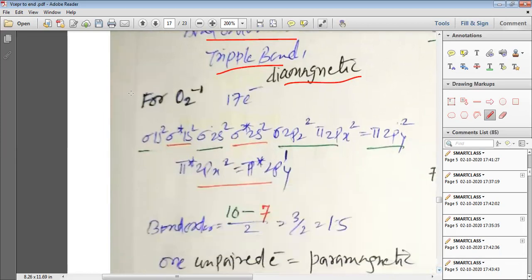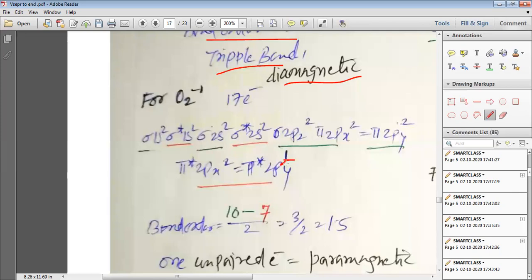In the same way, my dear students, when we think of O2 minus, oxygen O2 has 16 electrons. Due to the minus 1 charge, it will get 17 electrons. We did not have any example with 17 electrons, so let us write the electronic configuration. Sigma 1s2, sigma star 1s2, sigma 2s2, sigma star 2s2, sigma 2pz2, pi 2px2 equal to pi 2py2, pi star 2px2 and pi star 2py1.